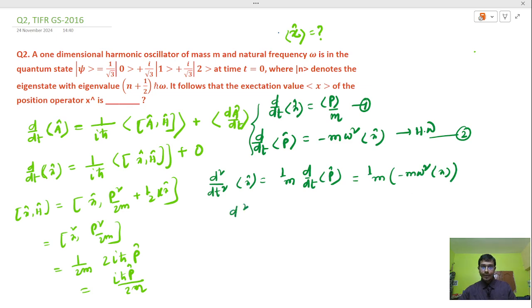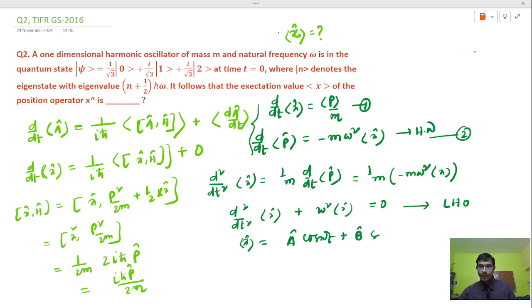After that, d square by dt square of expectation x plus omega square expectation x is basically 0, and this is basically the harmonic oscillator equation, and its solution would become a cos omega t plus b sin omega t.